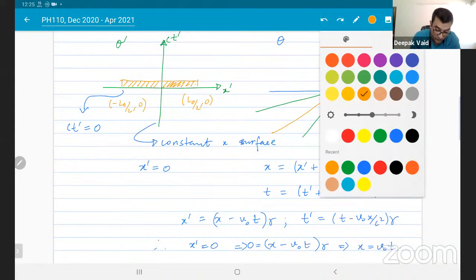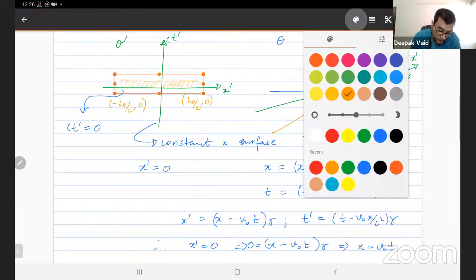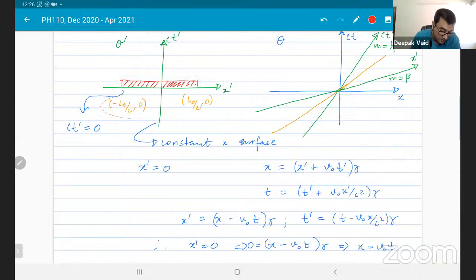Maybe I'll use a different color for the rod since I'm already using orange to depict the light curve. So I'll use red. So the rod appears to lie on this axis, like this. This is the rod as seen by O, right?